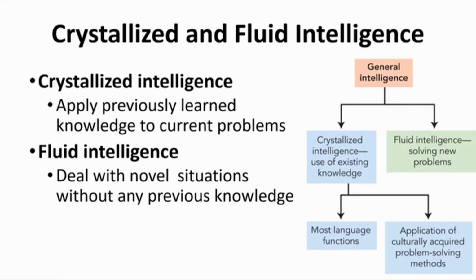Whereas fluid intelligence deals with finding new and creative solutions, so your working memory is going to be very important for fluid intelligence. And similar to the idea of going from inexperienced to being an expert in a particular area, as we get older, we'll move from relying on fluid intelligence to more crystallized intelligence as we gain experience and build up knowledge from interacting with things in the world.